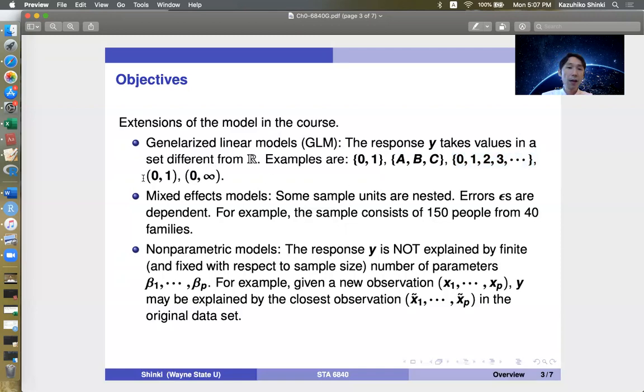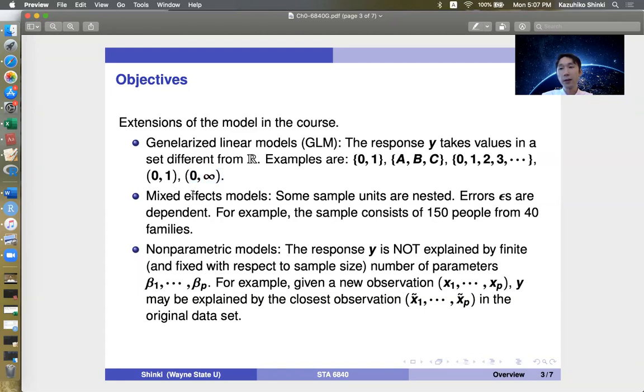And sometimes y ranges only between 0 and 1, typically a ratio. For example, the proportion of people who voted for Trump in 2016. If we collect such data for each town, that is between 0 and 1, which is different from a variable that ranges from negative infinity to positive infinity.